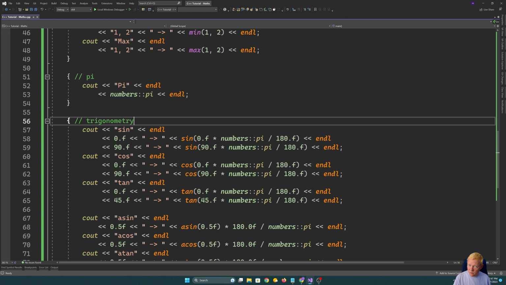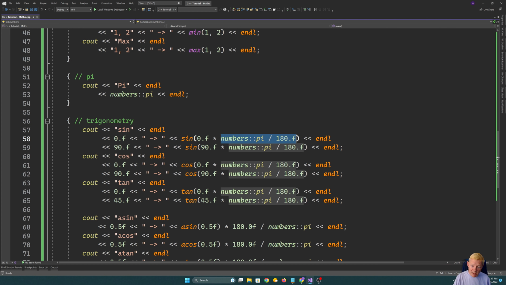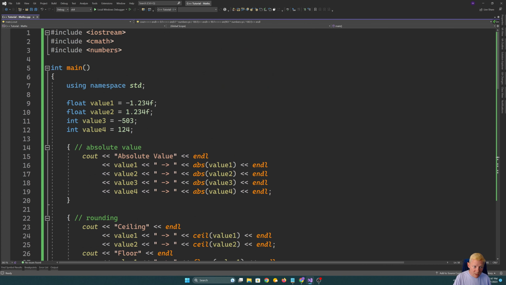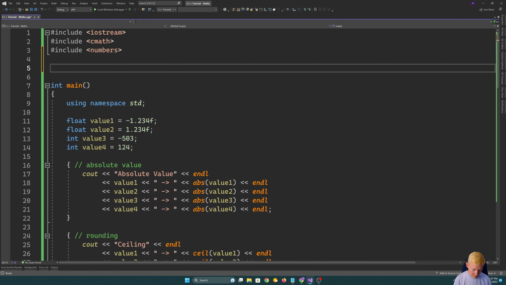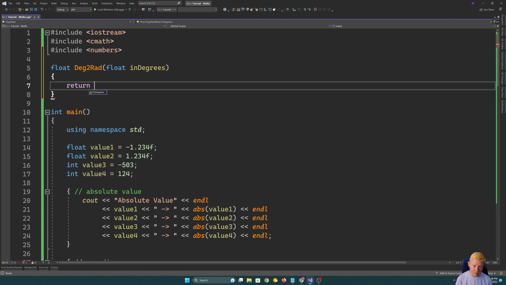If you're finding you're doing the conversion a lot, you could easily set up a helper function. So we could set up something like this, where we have float deg to rad, in degrees, and what we do is we return in degrees divided by 180, and we multiply that by pi.